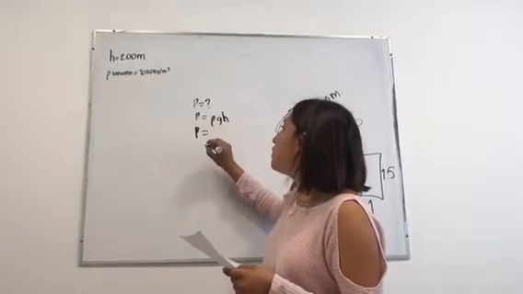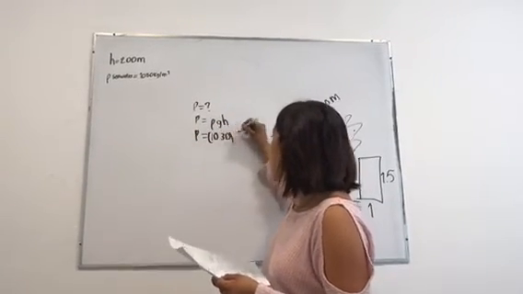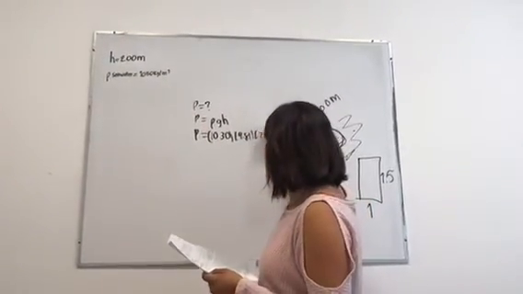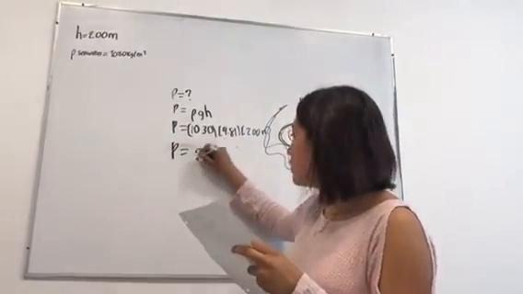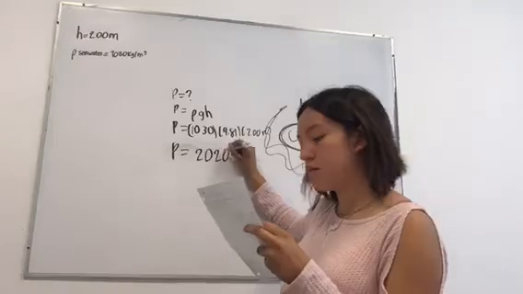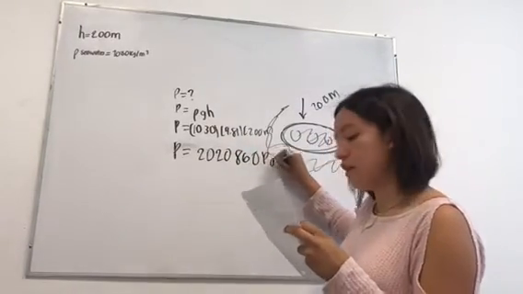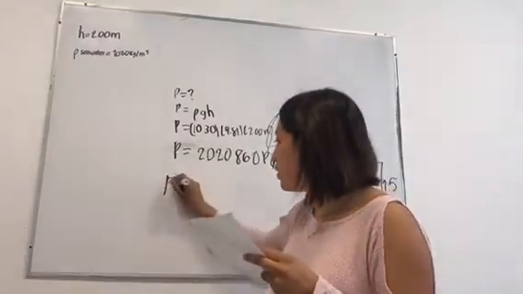We have the density of seawater that is 1,030 times gravity that is 9.81 times the 200 meters. So the pressure is going to be 2,020,860 pascals.